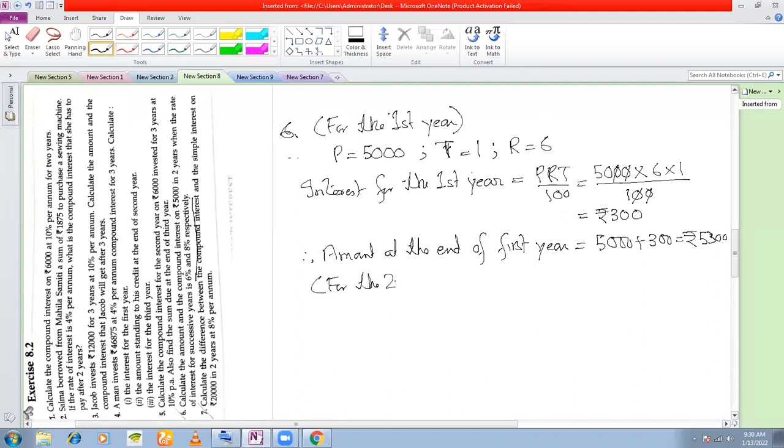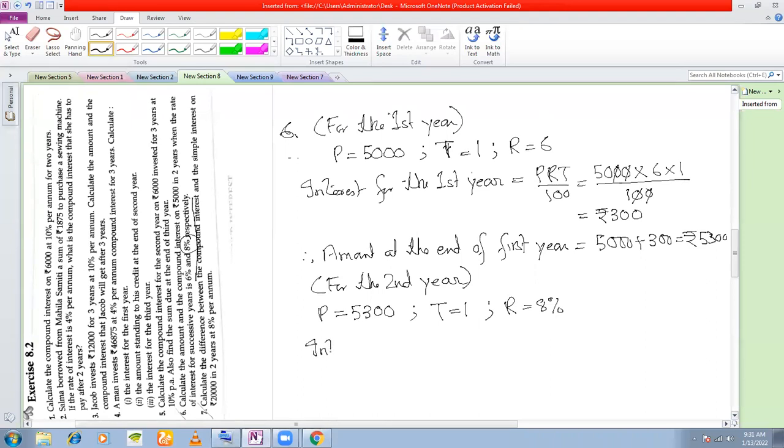Now for the second year, what should be your principal? Sir, 5,300. Yes, 5,300, which is the amount at the end of first year. Time is again 1 year because we are calculating for a single year, the second year. And the rate for the second year is not 6%, but in fact, the rate here is given to be 8%. Okay.